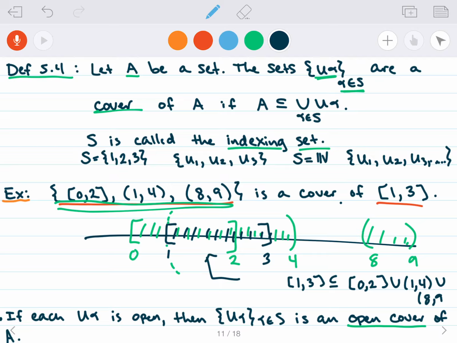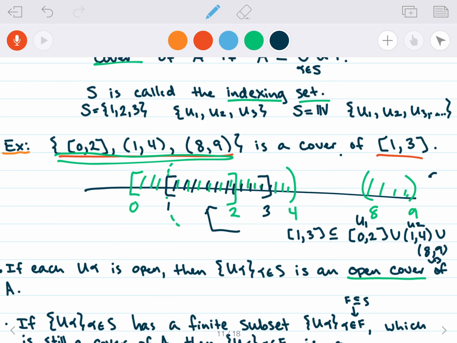And notice we didn't even need 8, 9 to cover it. We could have gotten rid of that completely, but it doesn't really matter. If the union covers it, it's still a cover, even if there's unnecessary stuff in there. So this is our U1, our U2, and our U3.